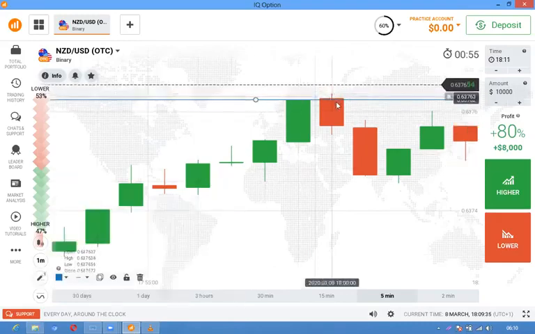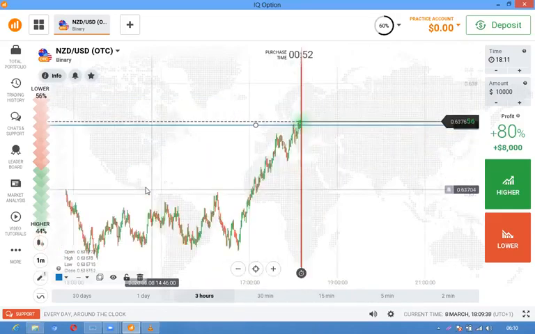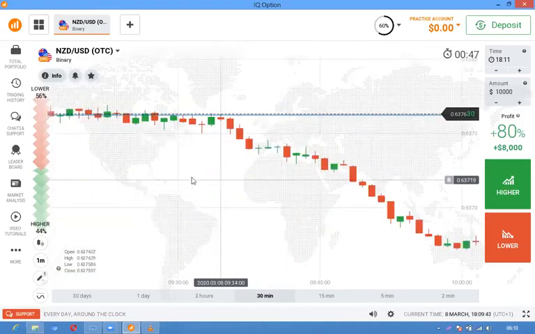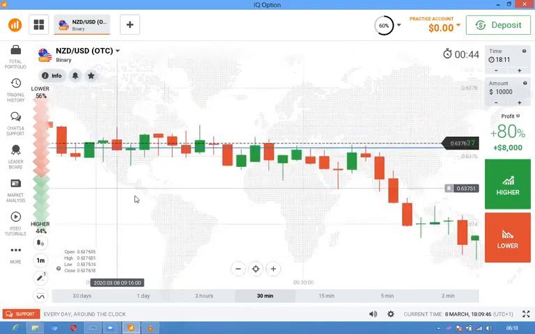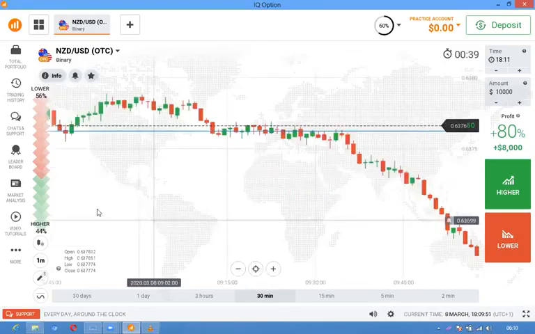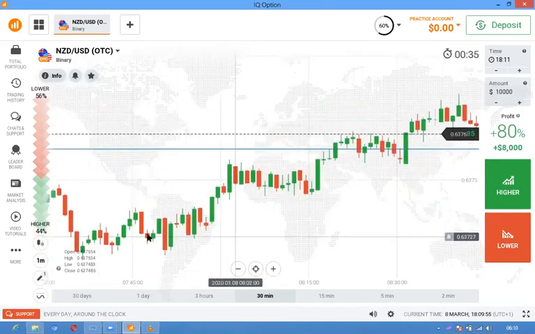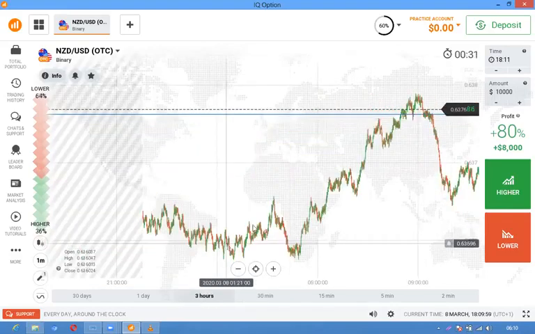Place the line at the lower body of the candle, of the level. Check if the level is very strong. Confirm the level is very strong. I didn't see it touching any candle here. Here also I didn't see. You can see that I'm very fast.